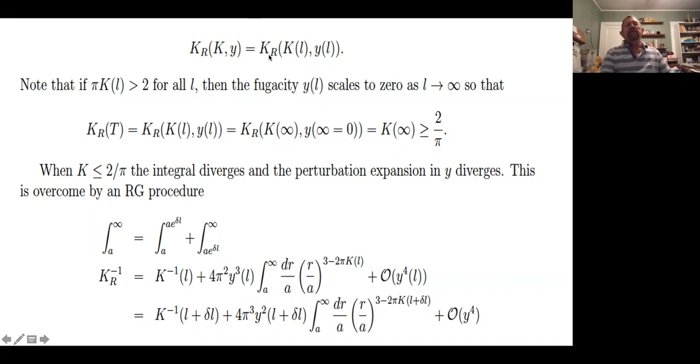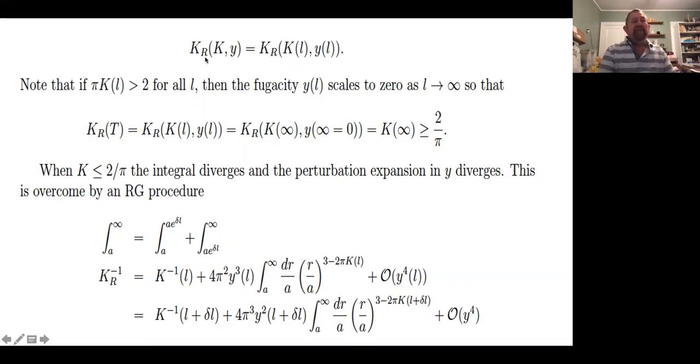And it's also equal to the same correlation function evaluated with the renormalized or changed interaction parameters K of L and Y of L, where K of L and Y of L are given by the differential equations.